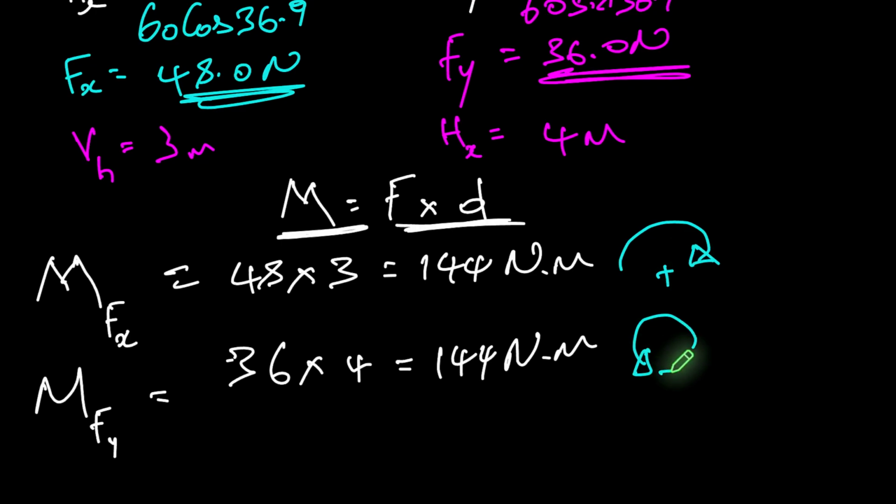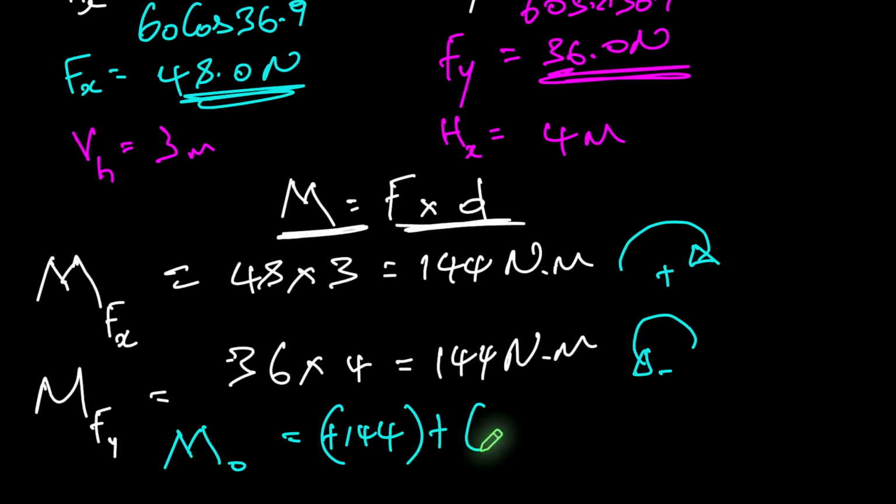And in terms of the moment now about the origin, this is just simply summing these force components. So it actually turns out that because these have the same magnitude, we would end up with 144, so that's a positive, plus another negative 144.